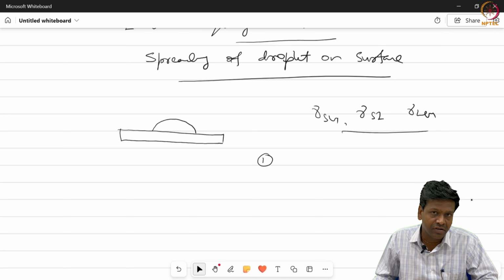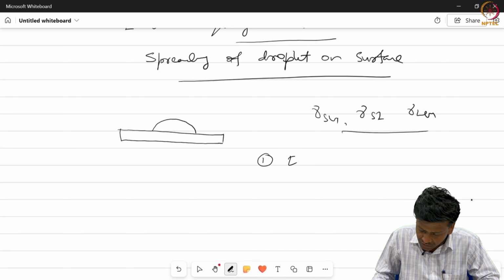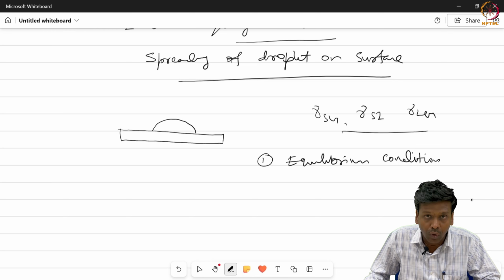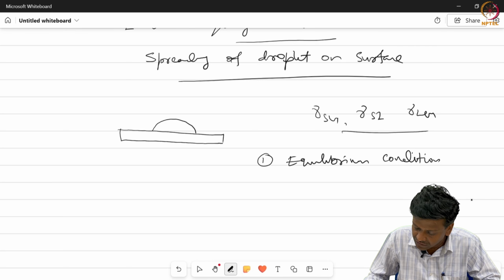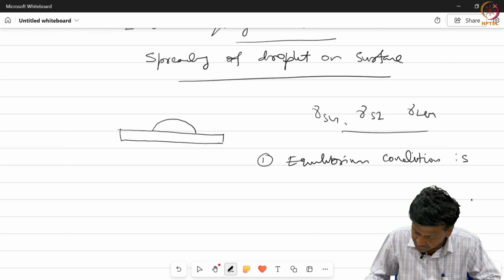Rather, we are interested in measuring the equilibrium contact angle, which means the equilibrium condition should hold. We assume that the droplet has attained equilibrium condition.